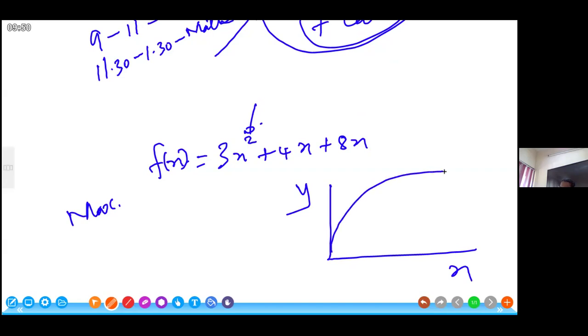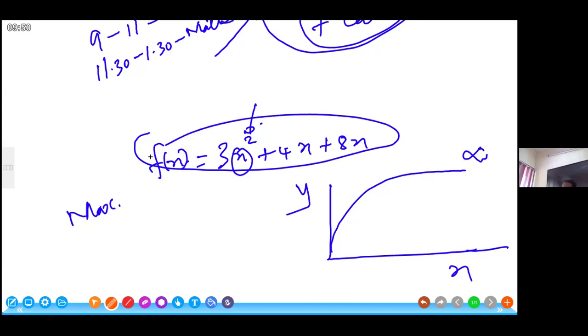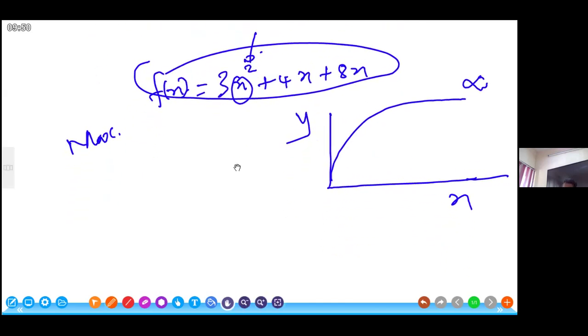So the maximum growth happens when x equals infinity, isn't it? When x equals infinity, that is how you get the maximum growth. So here instead of the x value, I will give a normal function.